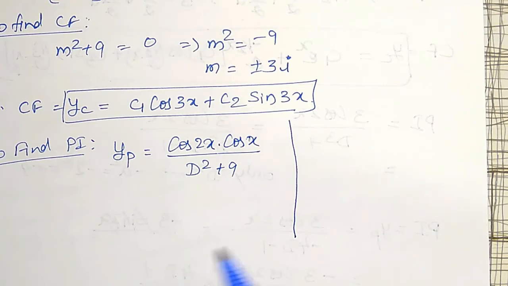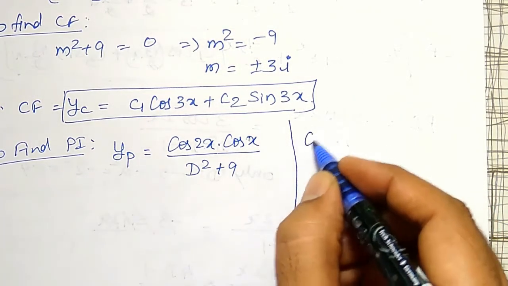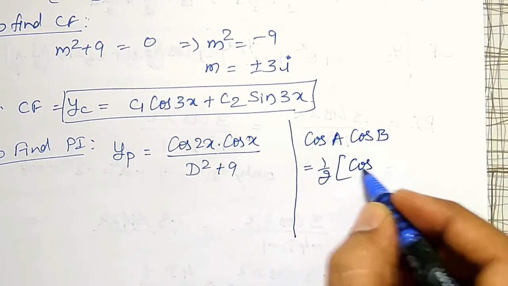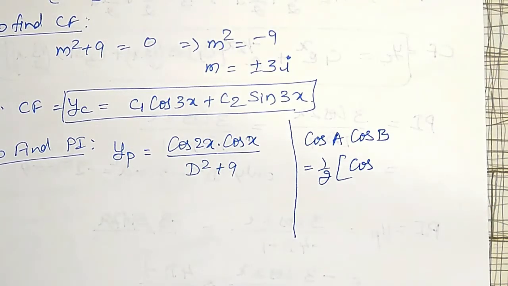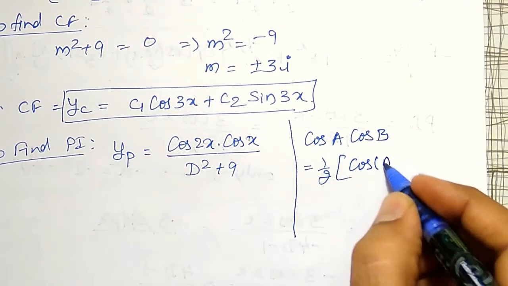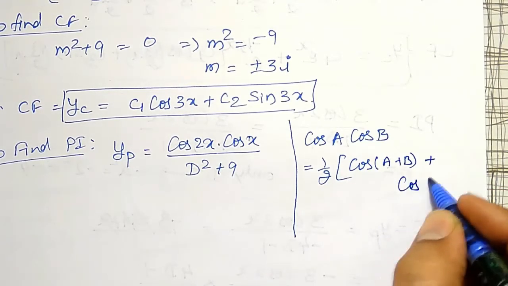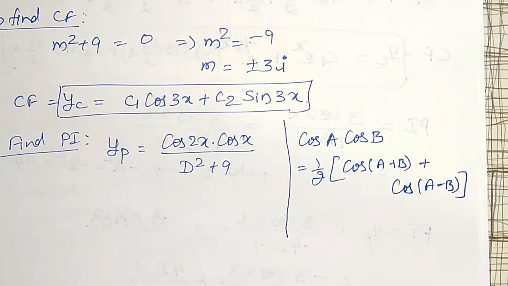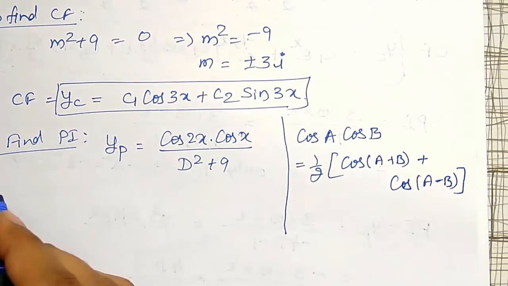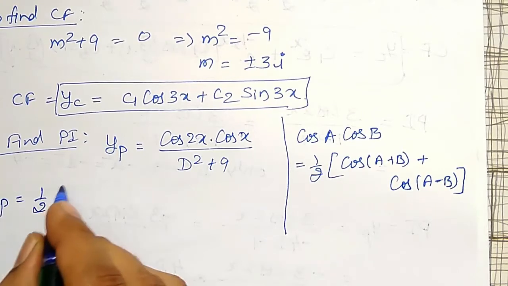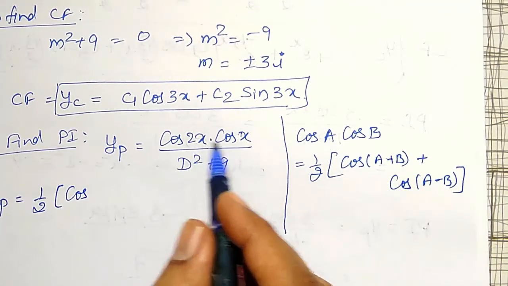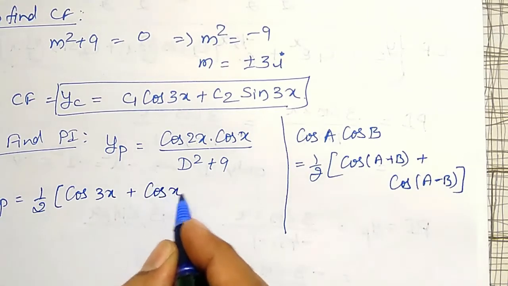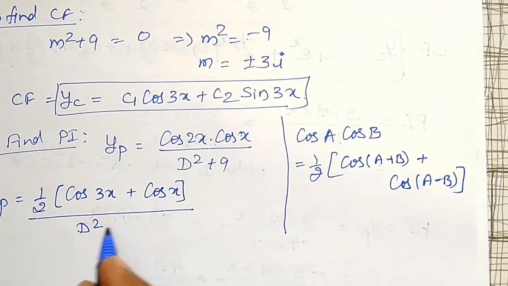The formula is cos a into cos b equal to 1 by 2 times cos of a plus b plus cos of a minus b. Here a is 2x and b is x, therefore yp equal to 1 by 2 times cos 3x plus cos x, all divided by D square plus 9.